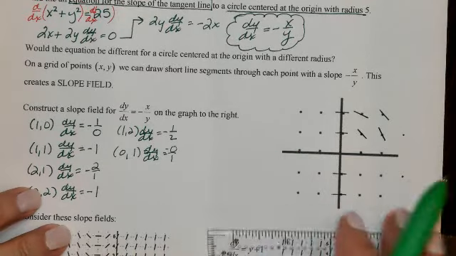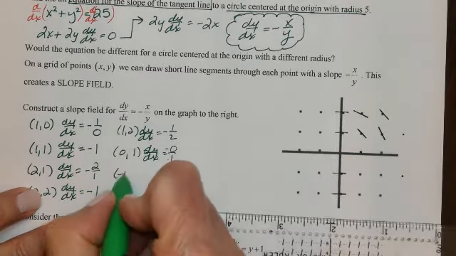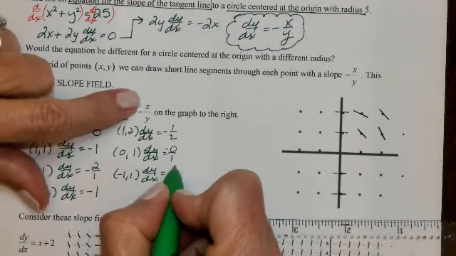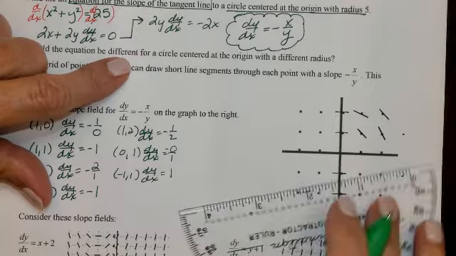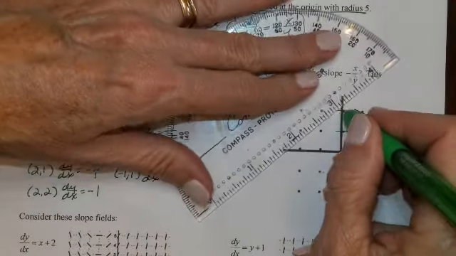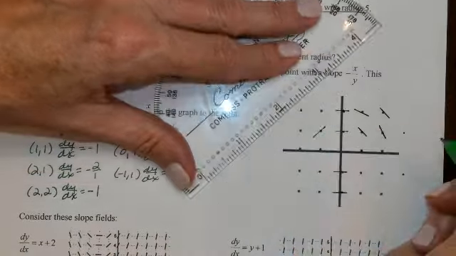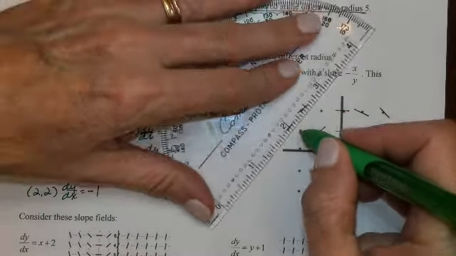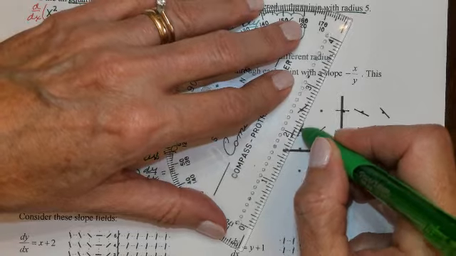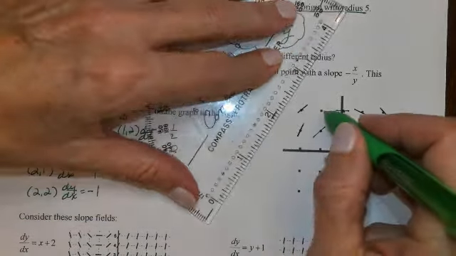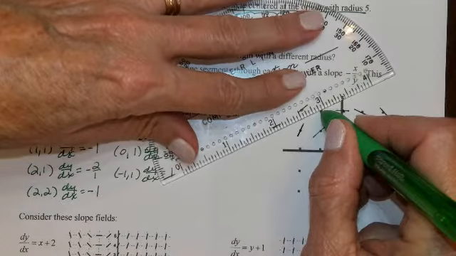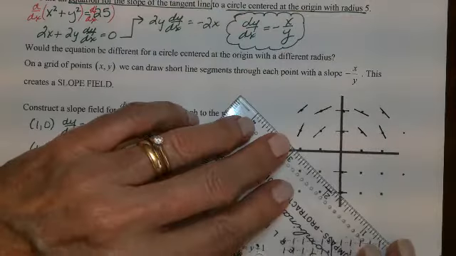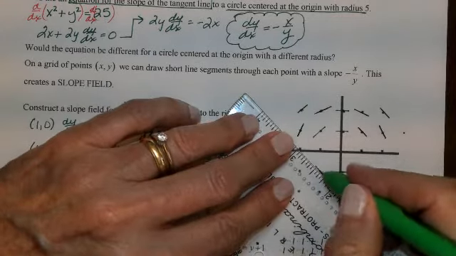And if we did that, like the point -1, 1, dy dx would be negative of -1 over 1, so that would just be a 1. We would find that this is also a 1. We would find that this is a 2. We would find that this is a 1/2. Okay? And going around, we would find that this was a -1.